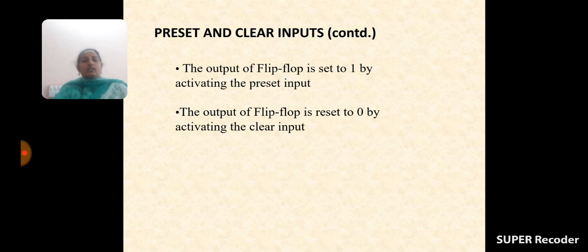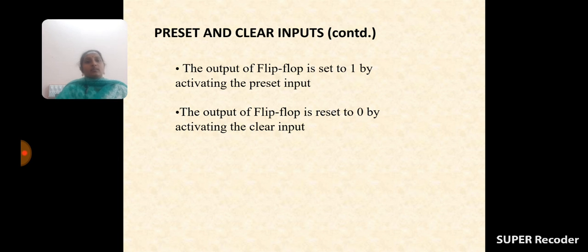And see here, if the output of the flip-flop is set to 1 by activating the preset input, how can we activate the preset input? By applying the clock pulse to the preset input. And how can we reset it to 0? By activating the clear input.